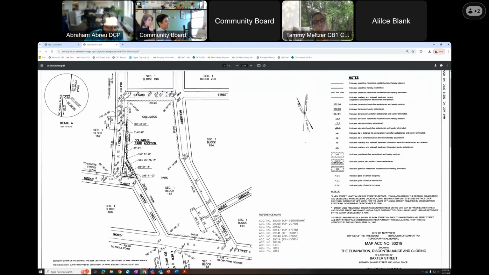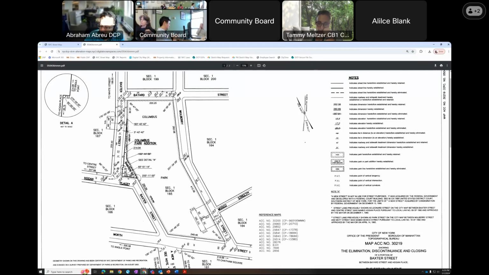How do you know what's going on? The legend here is, of course, very helpful, especially with parks because the line symbols for those are weird. But basically, these top couple of things are the main things you're looking at in terms of street. The standard line, like you see here, is a street line that says heretofore established, hereby retained.